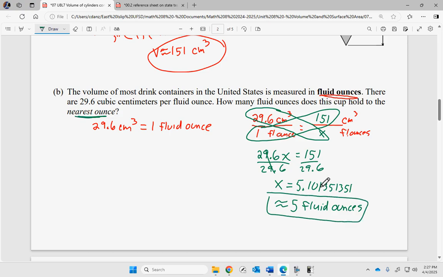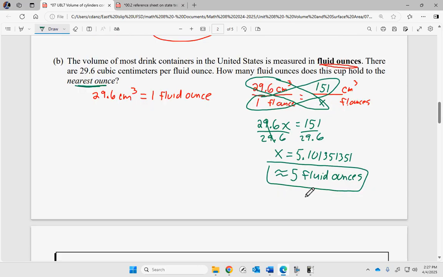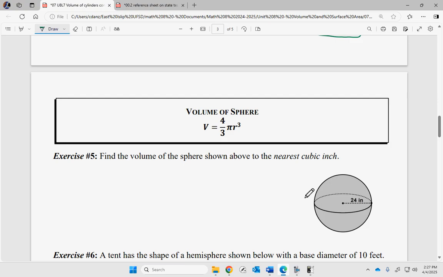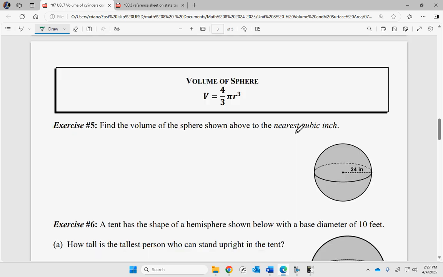So you could see in today's lesson, we're finding volumes, but then we're applying it to something. We have one more thing to do, and it's volume of a sphere. A sphere is like a basketball. Volume is 4/3 pi r cubed. So if we use that formula, we just have to plug in the numbers correctly.